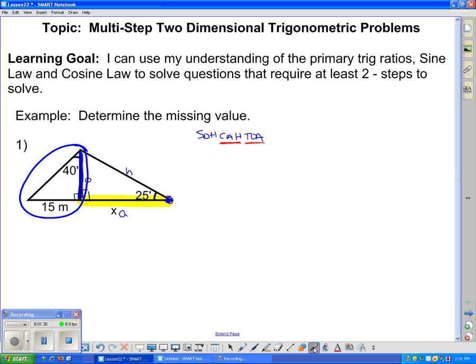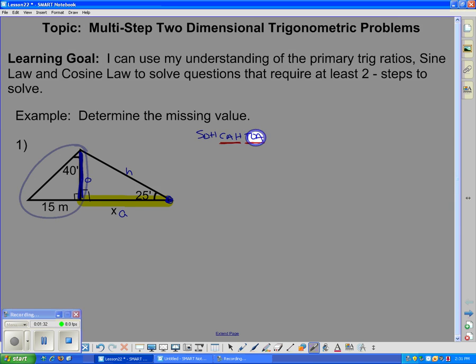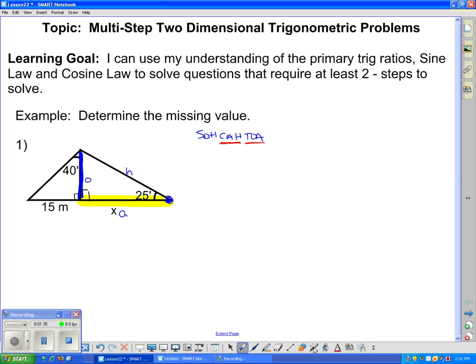So I'm probably going to be able to find O, which means I'm going to use TOA. So tan theta equals opposite over adjacent. So tan of 25 will equal, well, I don't know what the opposite is, and I know the adjacent is x. So I'm going to jump out of this question and find the opposite with the second triangle.